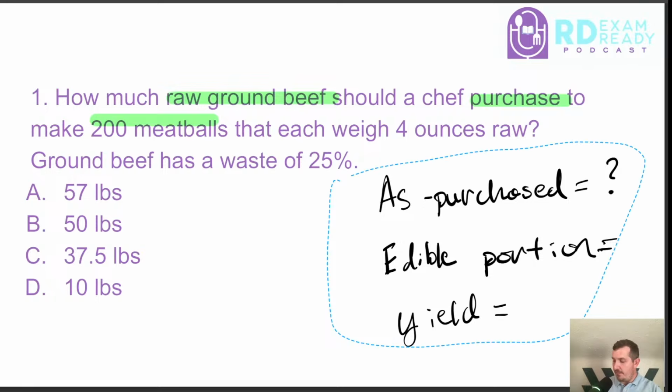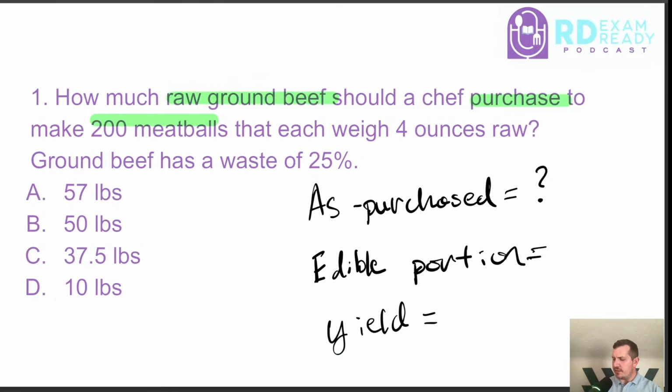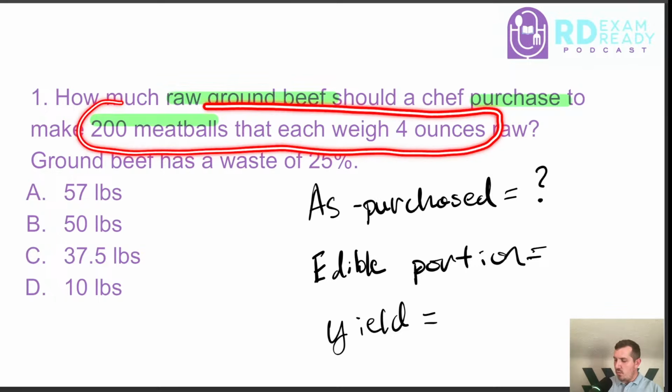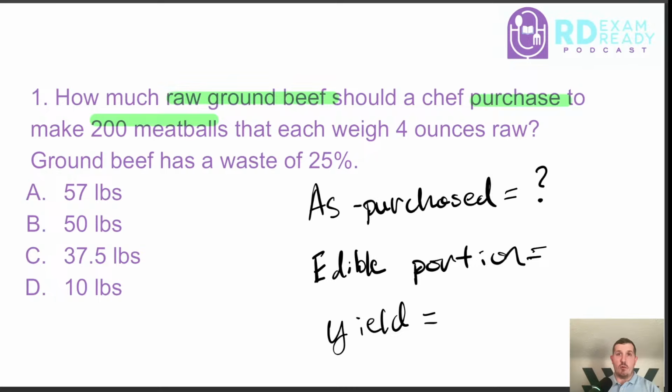Now, as we look at this question itself, it says how much raw ground beef should a chef purchase for 200 meatballs. So it looks like, as I said, they want us to find the as purchased. And it says down here 200 meatballs that each weigh 4 ounces raw.